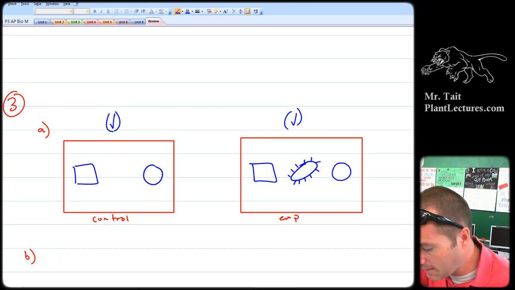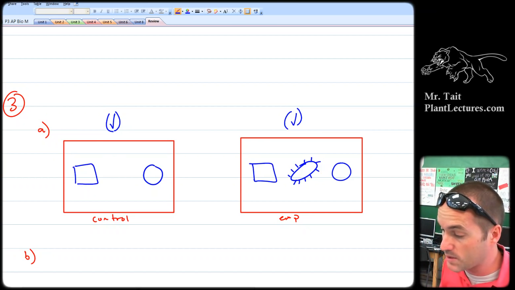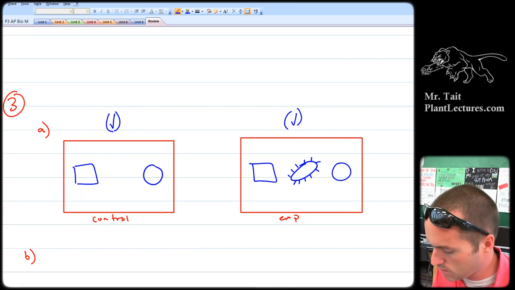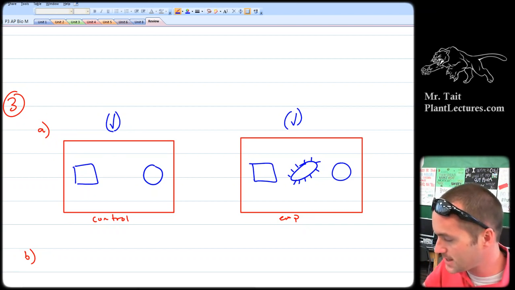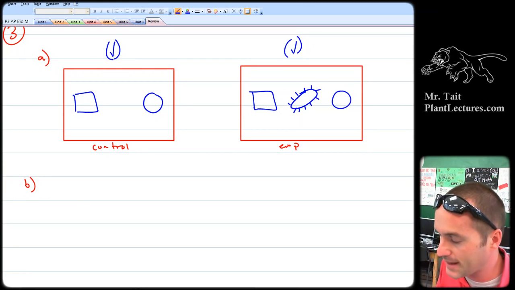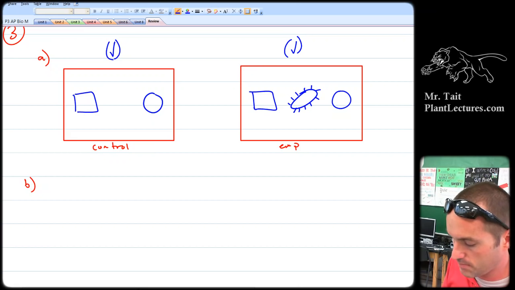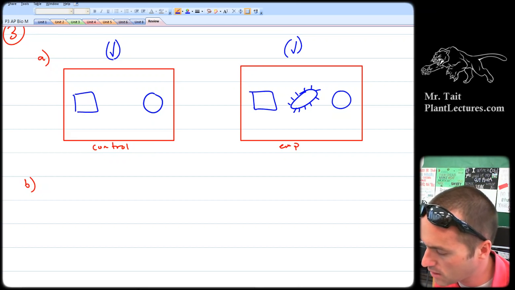Identify the dependent variable in the experiment. Well, the independent variable was the invertebrates, but the dependent variable is the reproductive rate of the plants, of the seagrass.